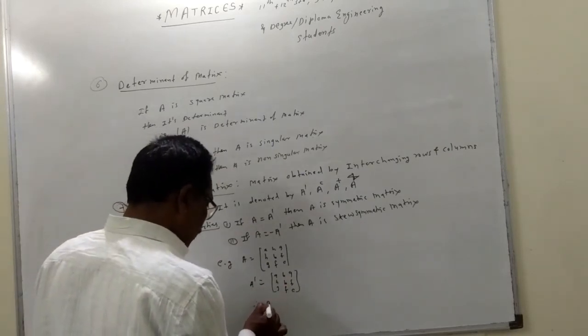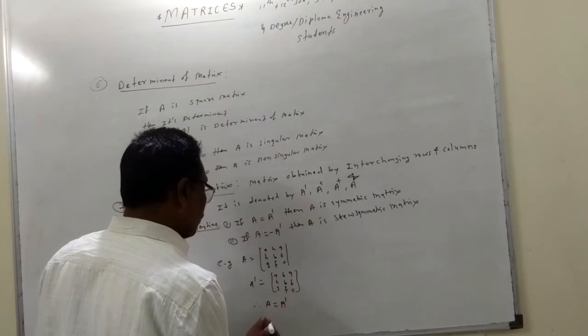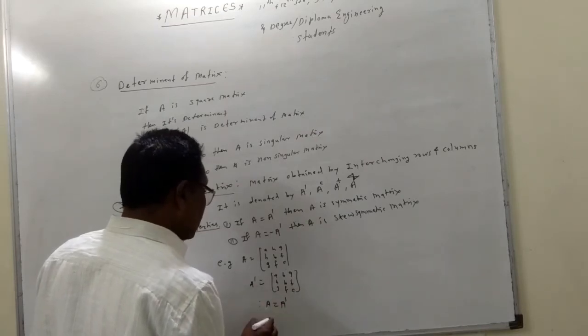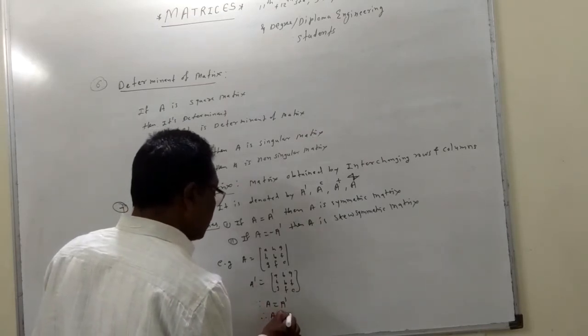Therefore A is equal to A dash. So since A is equal to A dash, therefore A is symmetric.